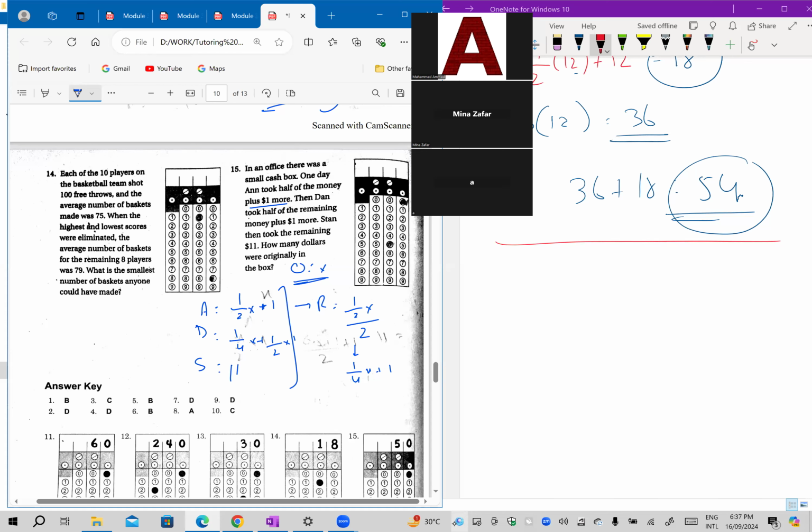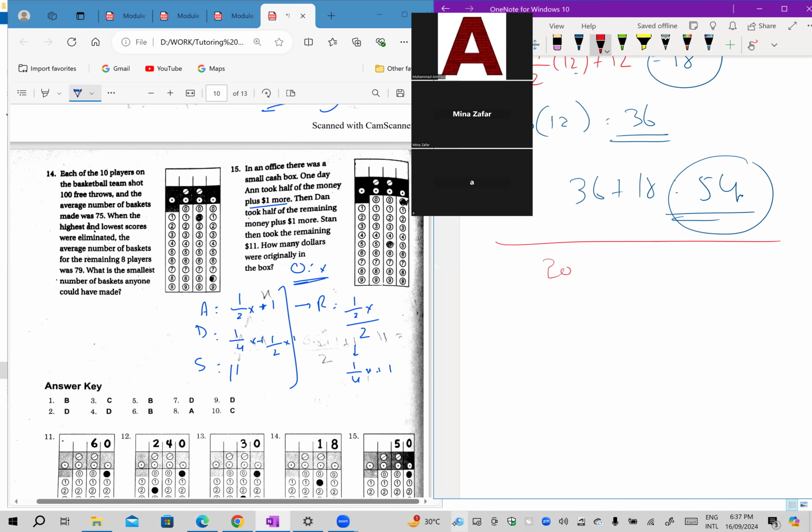For example, originally assume the value was 20, okay? So Anne took half of the money, that means Anne took 10 plus 1, $11.